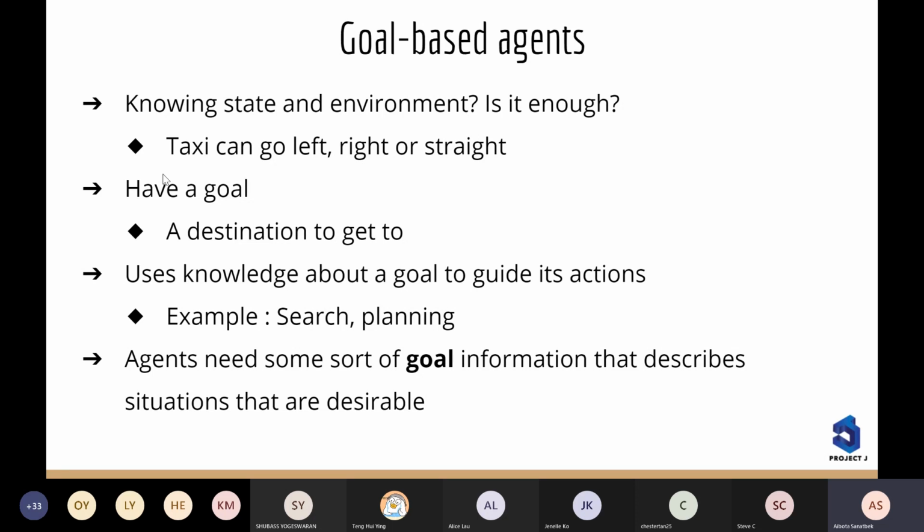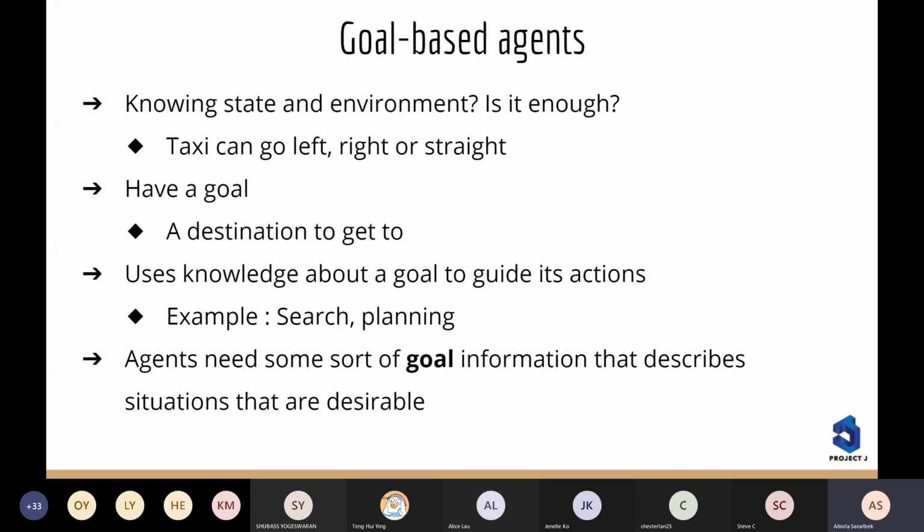Knowing only the state and environment is not enough to make the agent succeed. So the goal-based agent has a goal in mind, which is basically a destination to reach.